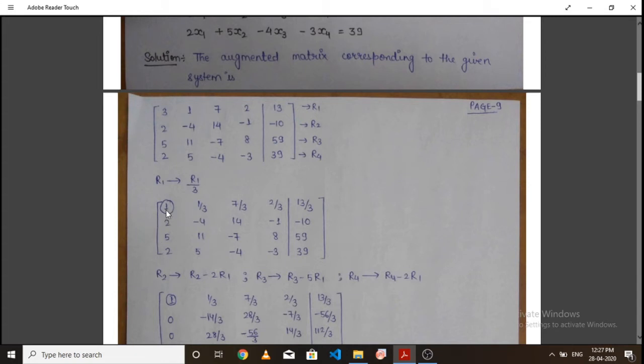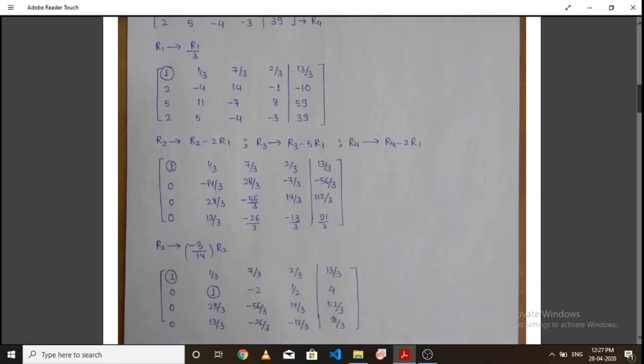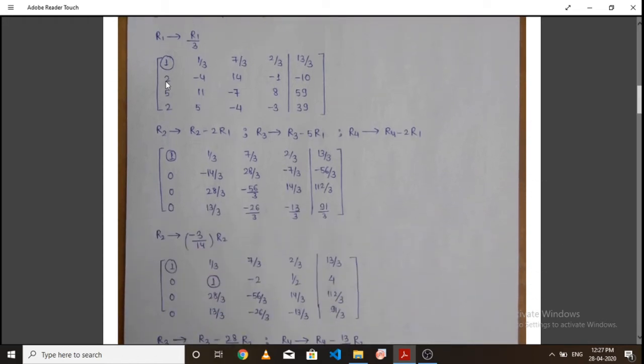So this is my first pivot entry. The next step is to convert all the elements below the pivot equal to 0. That is, you have to convert 2, 5 and 2 into 0. This can be done by using row operation type 2. To convert 2, I am using R2 going to R2 minus twice of R1. To convert 5 into 0, I am using R3 going to R3 minus 5 times R1.